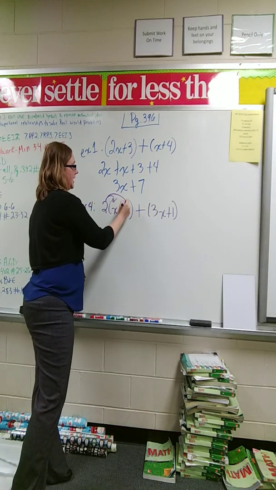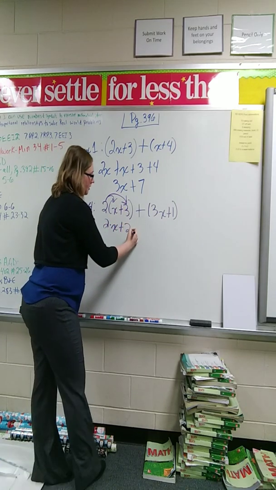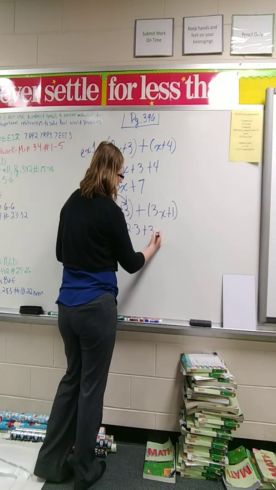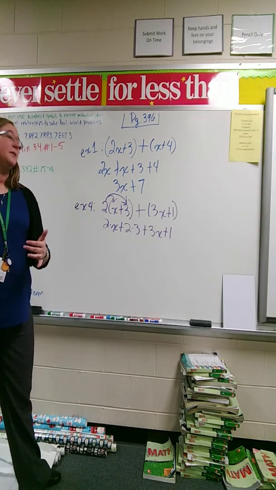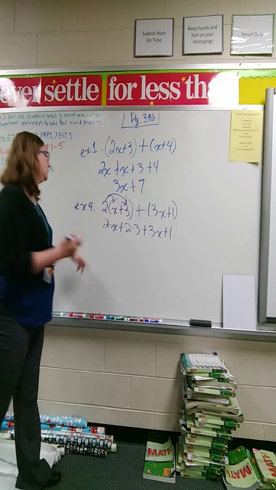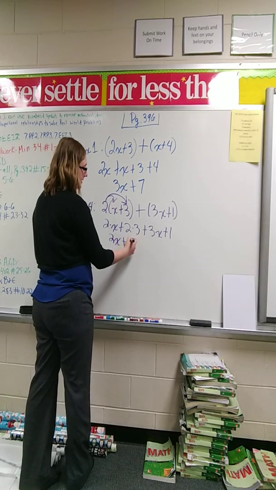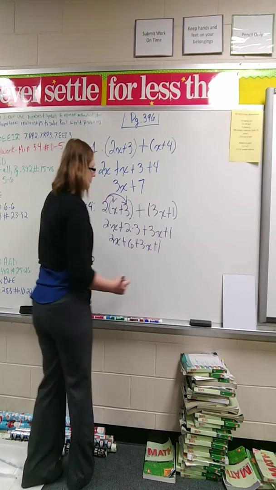You have 2 times x and 2 times 3. We're going to add to that 3x plus 1. When we simplify 2 times x, I'm going to write that as 2x. 2 times 3 is 6, plus 3x plus 1.